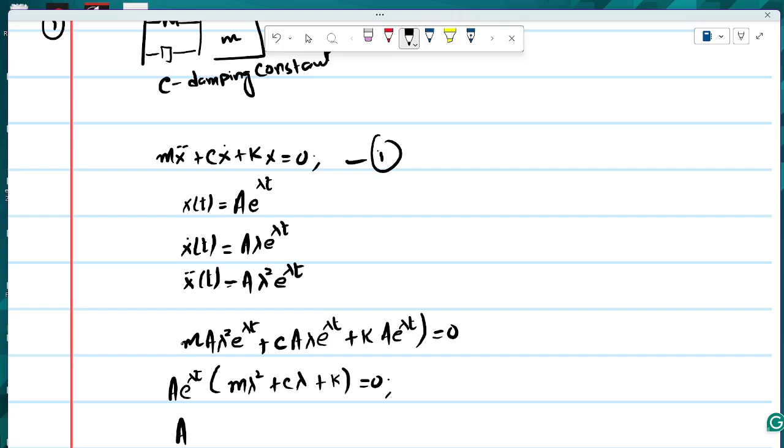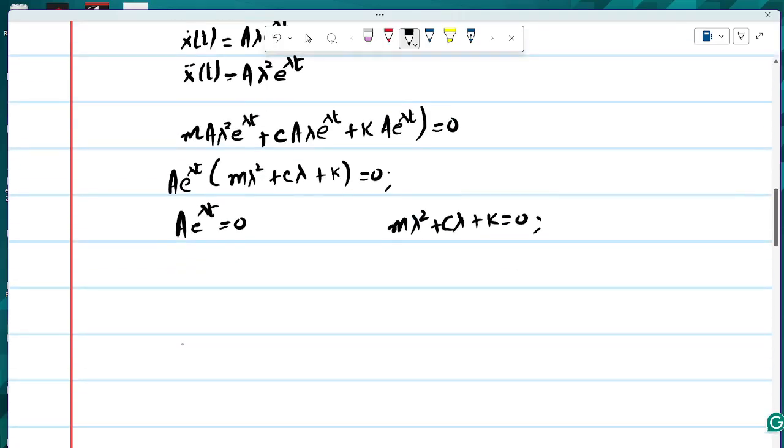So either A e^(lambda t) equals 0, or m lambda squared plus c lambda plus k equals 0. Both are solutions. We are not interested in the first one. We call it the trivial solution, which means it's not important for us. We are more interested in this equation because it involves the dynamics of our system: stiffness, damping, inertia, while the other equation doesn't tell us those things at the moment.